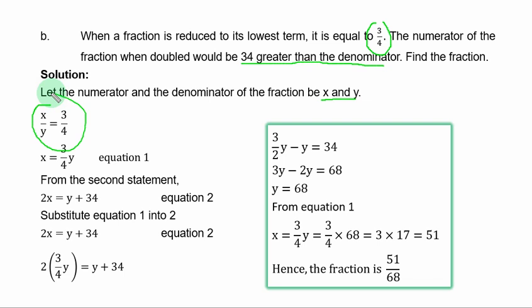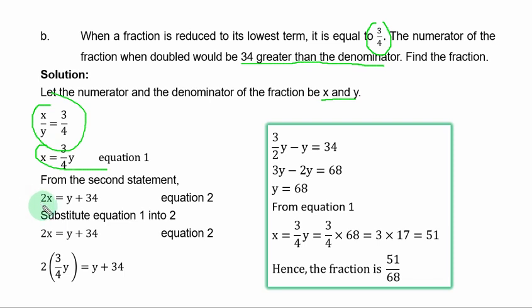You can express any of the variables in terms of the other. So let's express s in terms of y and call that equation 1. From the second statement, if you double the numerator, that is 2s, the result is greater than the denominator by 34.